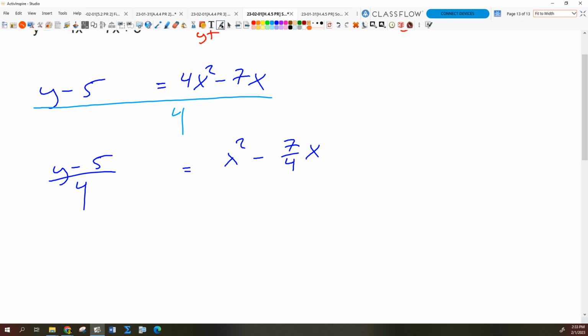Okay, this is the form we need, right? Because that looks like x squared plus bx, doesn't it? Right, that's what we needed. So to complete the square, what are we going to add to both sides? Well, on this side, I'm going to write it as something squared.